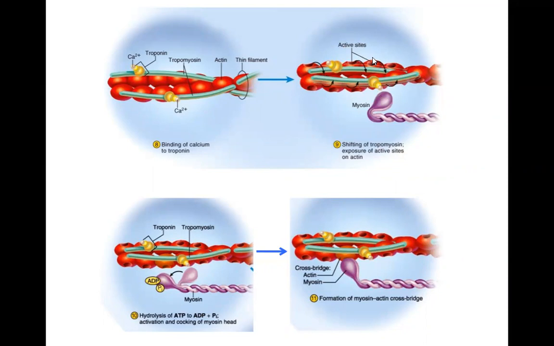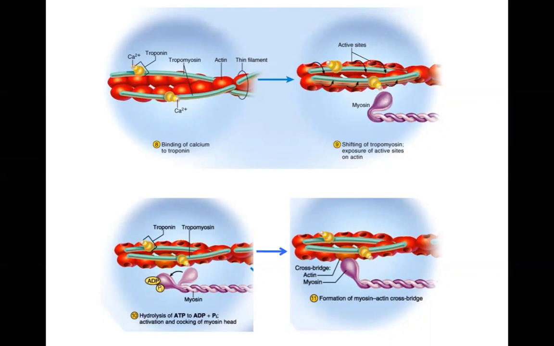You might put in parentheses, active sites are the same thing as myosin binding sites. Active sites equal myosin binding sites. A site where a myosin head can attach and grab hold of an actin. But myosin, in this case, right here, has got its heads flexed.